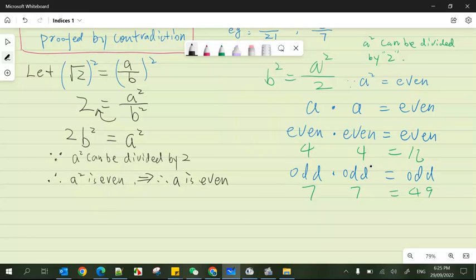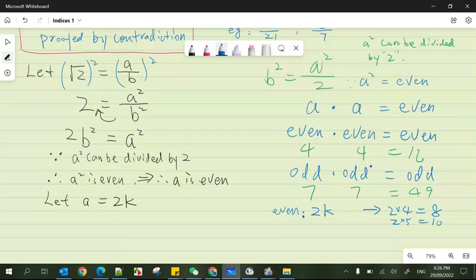Now, let's express the even number a as 2k. As we know, all even numbers can be expressed as an integer times 2, right? For example, 4 times 2 equals 8, which is still an even number. Any number times 2 becomes an even number.